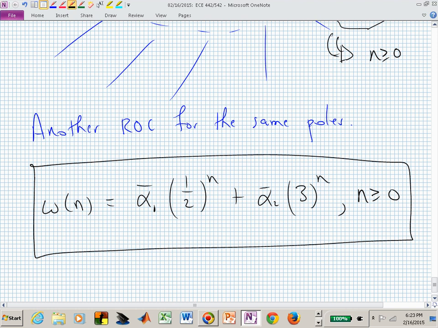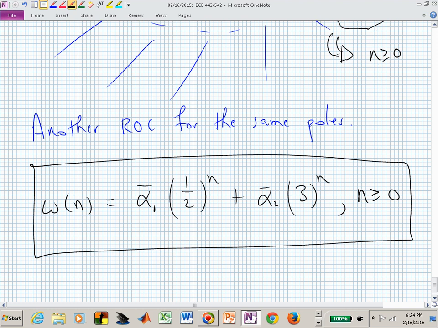Three squared, 3 cubed, 3 to the 4th. What's that guy doing? He's getting very, very big, isn't he? So this is unbounded, even though it's causal. So those are not necessarily connected. That's what I'm wanting to drive home. The causality was determined by the pattern of the region of convergence.